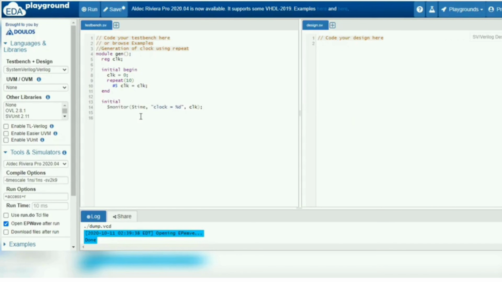If you want to see a waveform, then we have to write $dumpfile and $dumpvars.